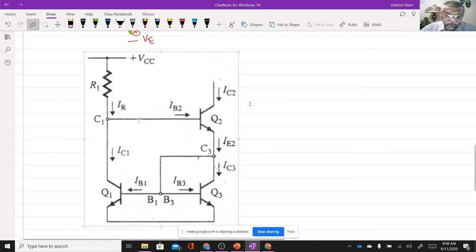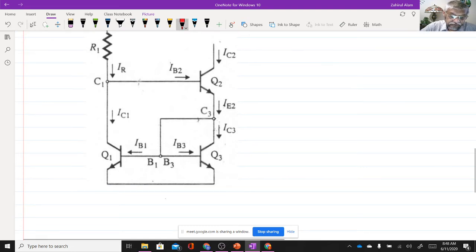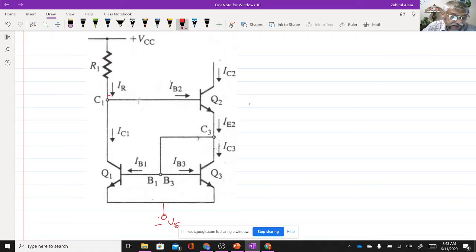This reference current is divided into this current, which is IB2, and IC1. So I can write IR is equal to IC1 plus IB2, and this IB2 is related to IC2.